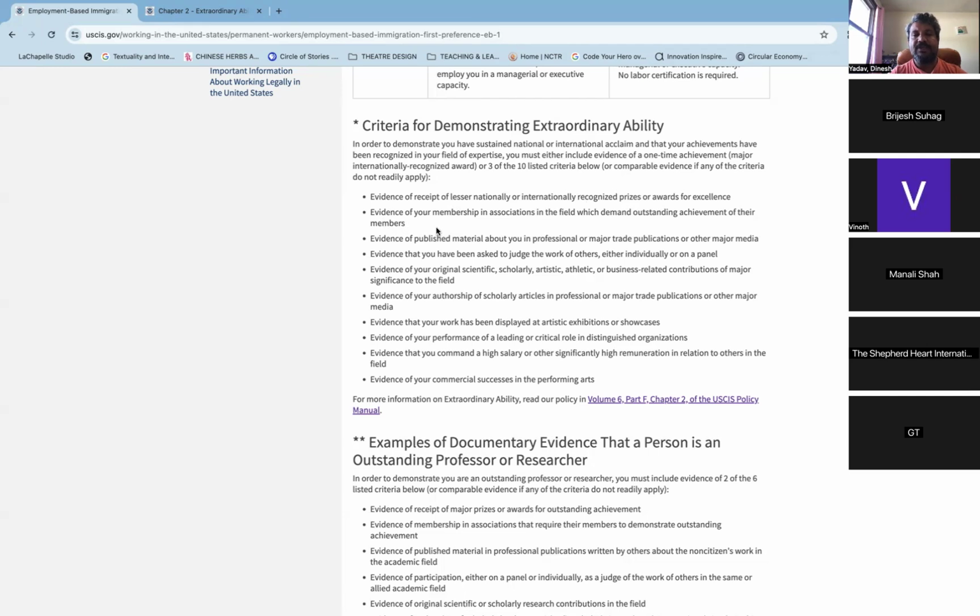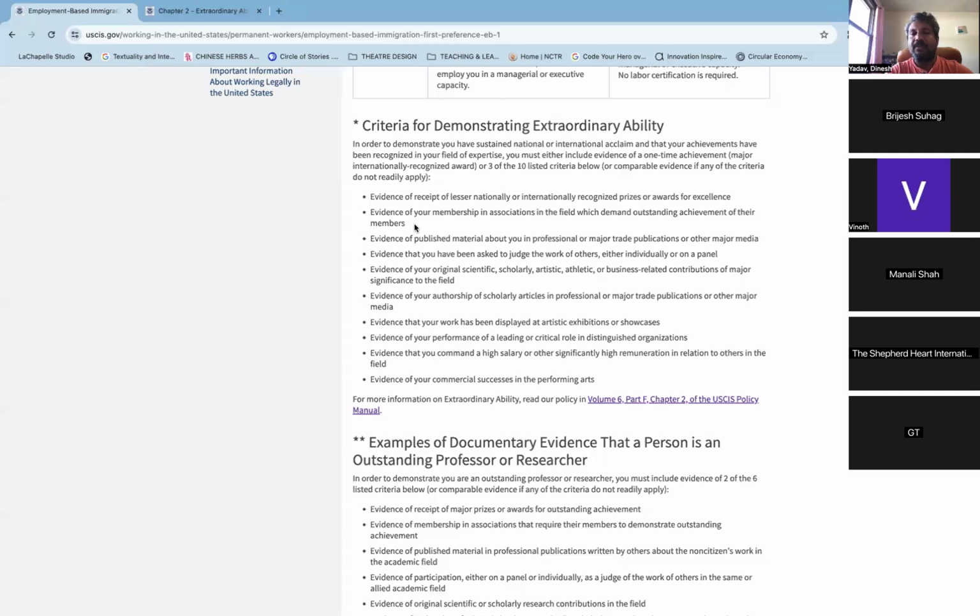The second is evidence of your membership in associations in the field which demand outstanding achievement of their members. Now, be very, very clear and careful about fulfilling this requirement. This does not count any paid membership. It specifically counts memberships which are honorary and on an invited basis.